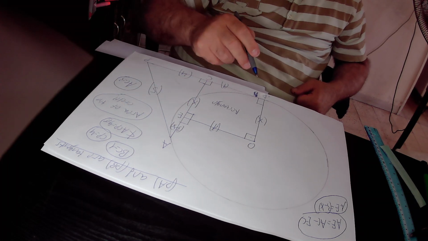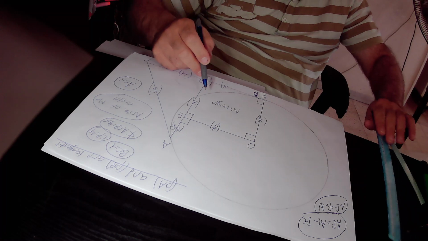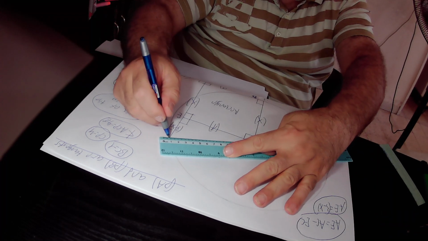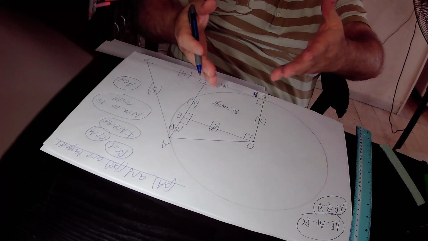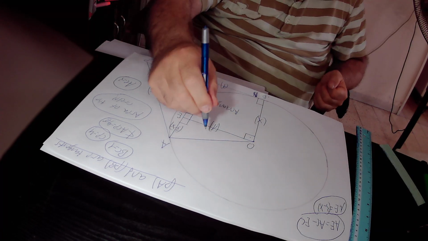In the next step, we join points O and A together by a straight line. OA is of course the radius of this circle, which is equal to x according to our definition.